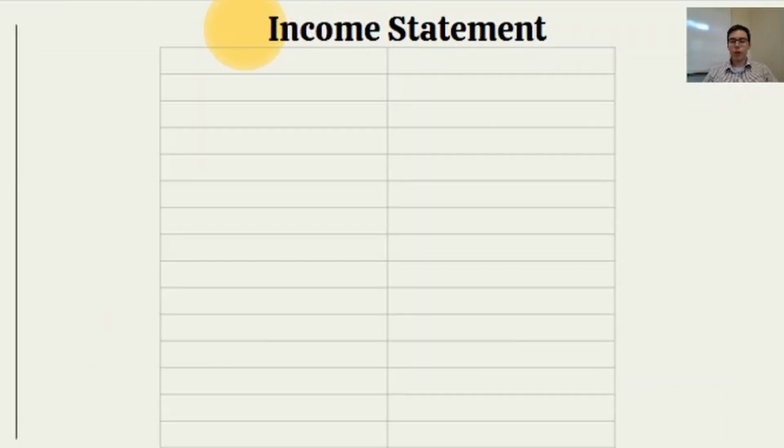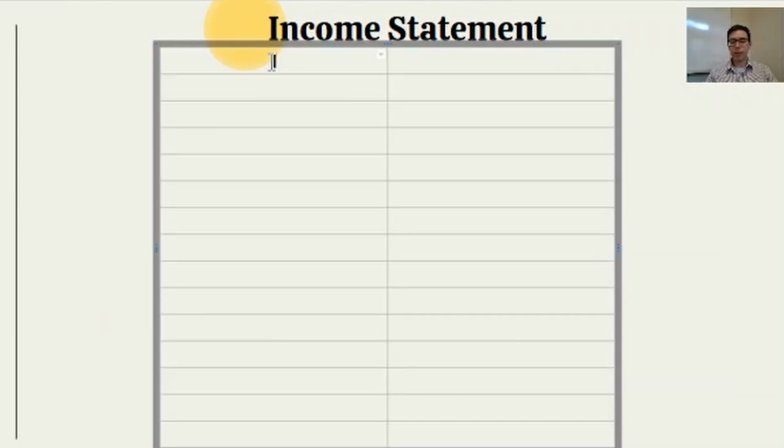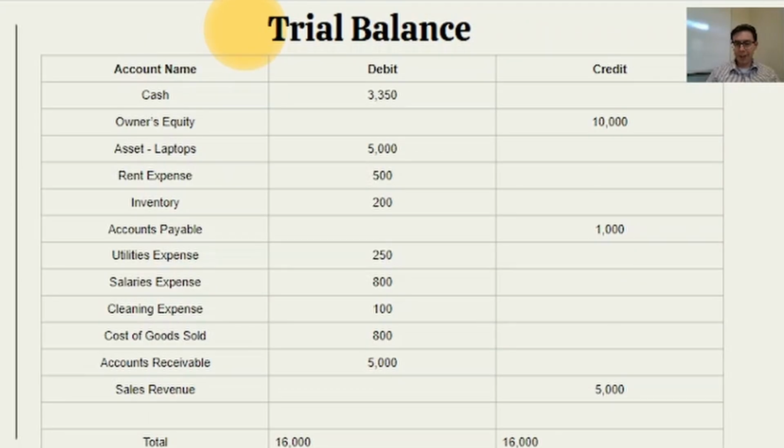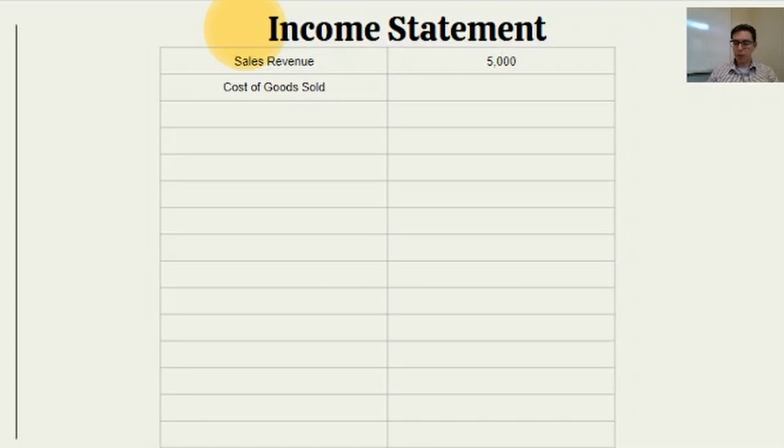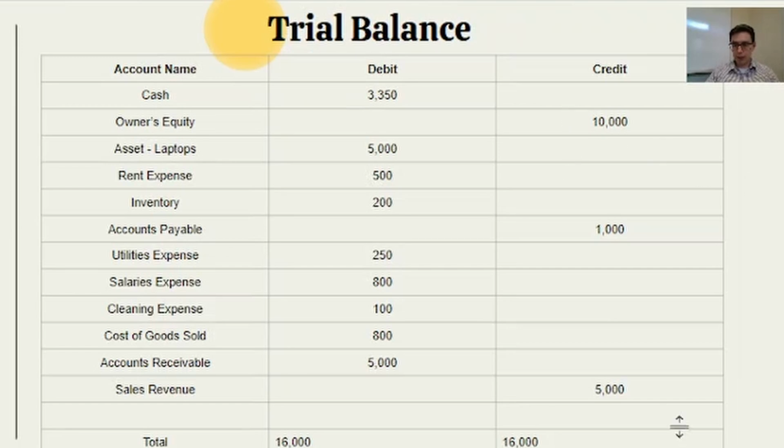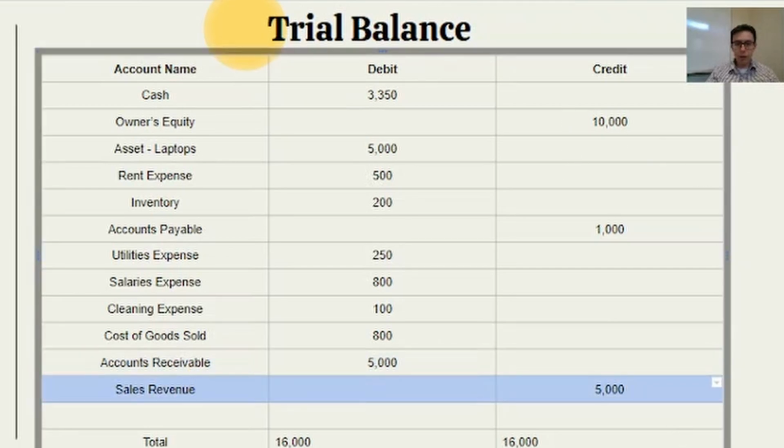So we're going to start again with the income statement. The very first item that we want to start with on the income statement is sales revenue. We had sales revenue of, let me check, down here at the bottom, 5,000. The next thing that we want to do is take out our cost of goods sold. Our cost of goods sold, if we remember, I believe was 800. And let me highlight sales revenue that we've used it now.